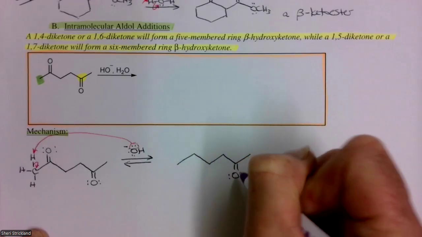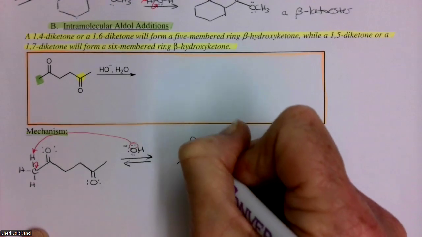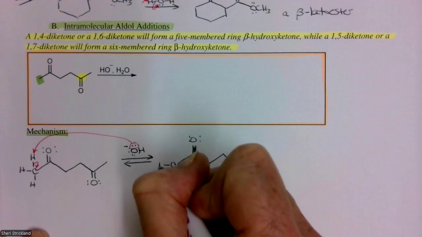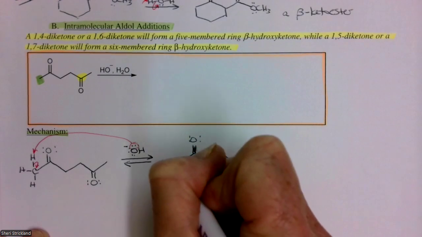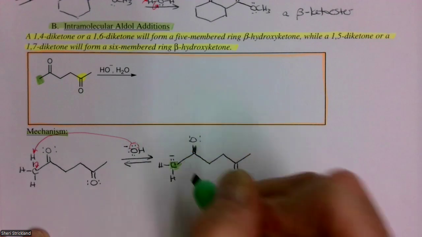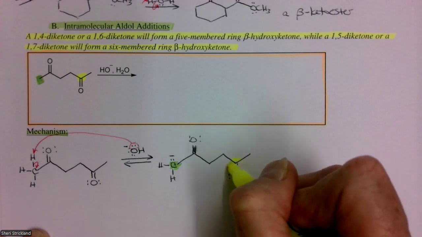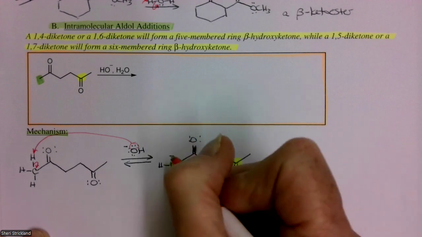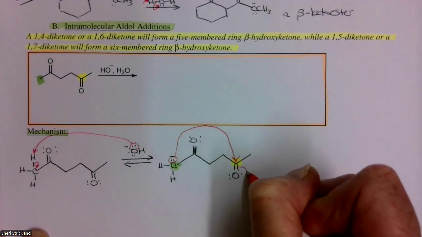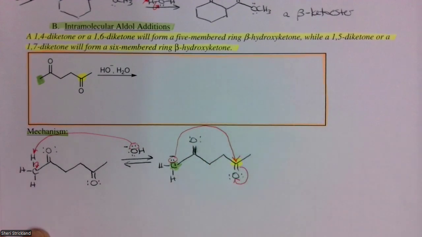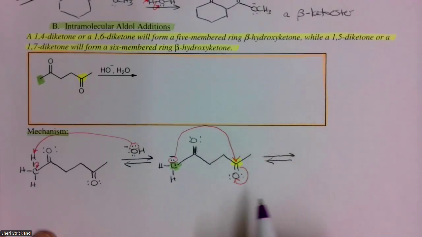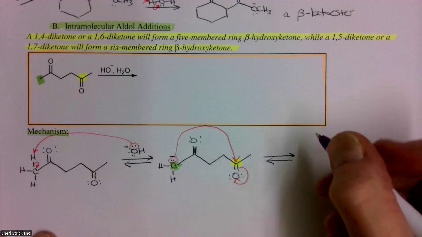And now we're ready to do the nucleophilic attack. All right, there's the nucleophile. Here's the electrophile. Nucleophile has to have a pair of electrons that it can use to form the new bond. And so we end up with 1, 2, 3, 4, a 5-membered ring.